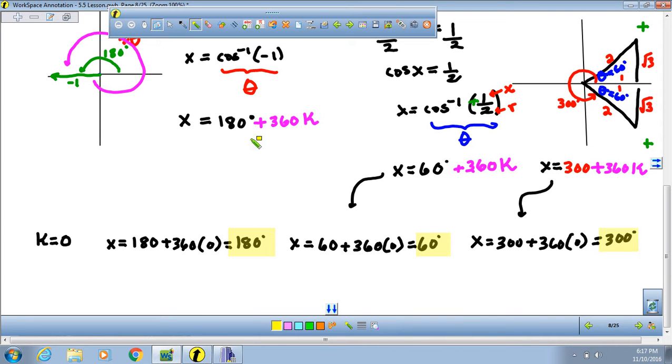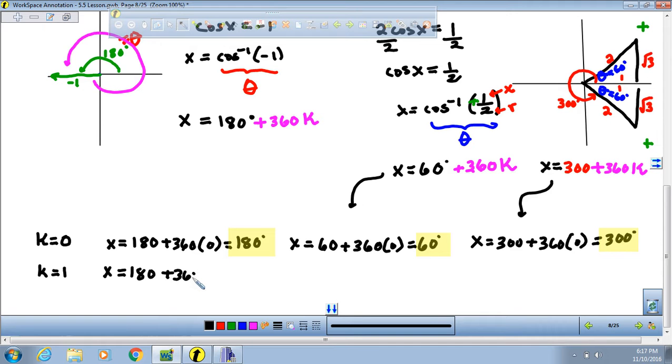And what happens if I let k be equal to 1 in this one? My angles are going to go over 360, so that is not going to work, because that's 360 plus 180, which is 540, and that is completely over, right? So it doesn't work anymore.